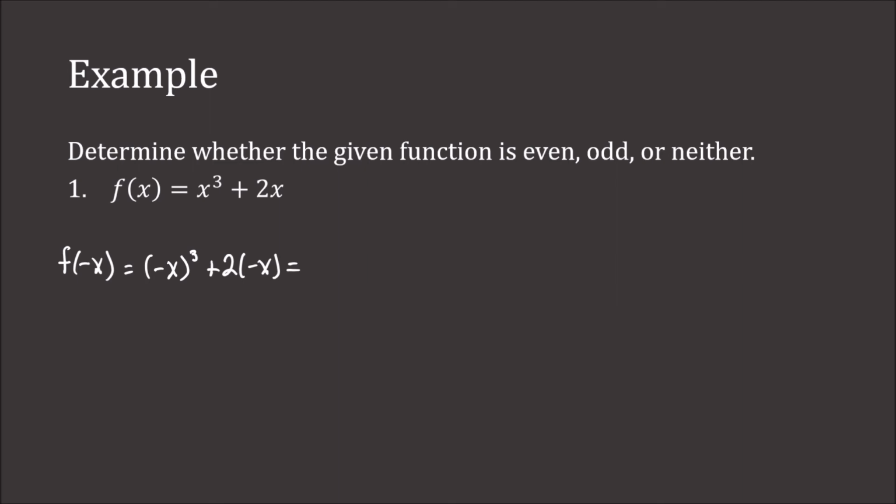Negative x to the third power is negative x cubed, and then minus 2x. Now we can factor out that negative 1, and we're left with x cubed plus 2x. But this is f of x, so we get negative f of x. So we can therefore conclude here that this function is odd.